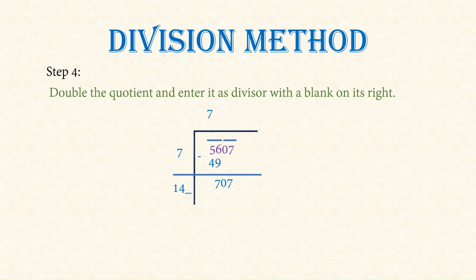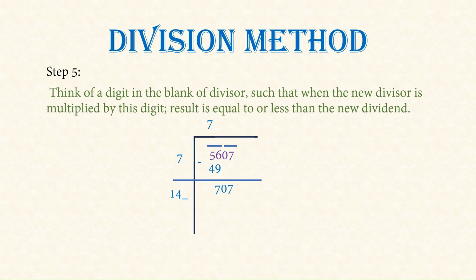In the next step, we have to identify a number for this blank in such a way that when we multiply this new divisor with the same digit, it gives the new dividend value, or a value that is less than the dividend. Now in 707, 7 is in the units place. 7 can't be written as a product of any two similar numbers.